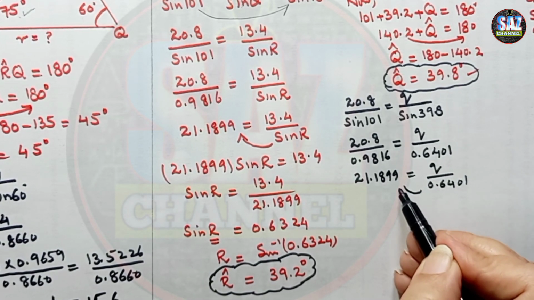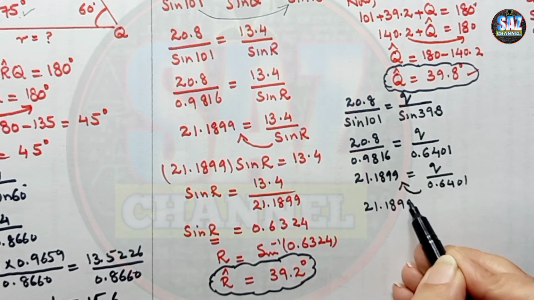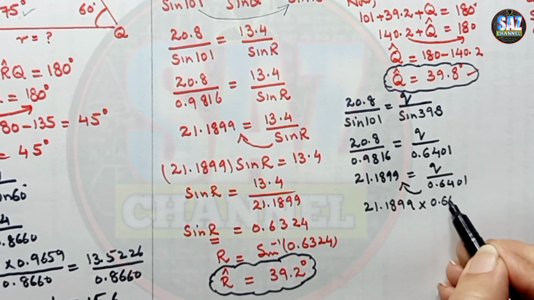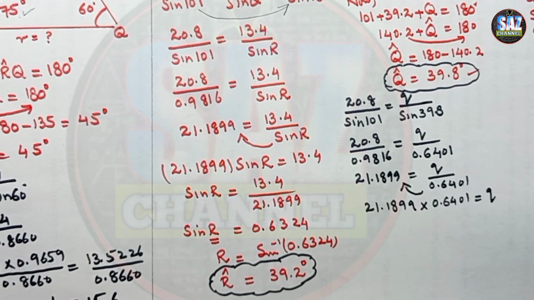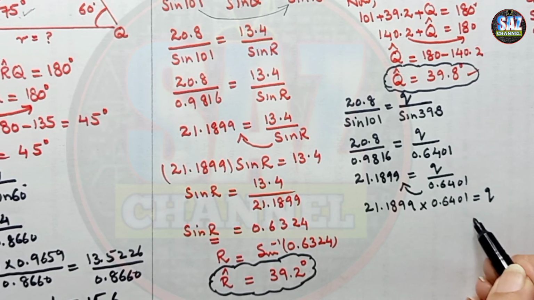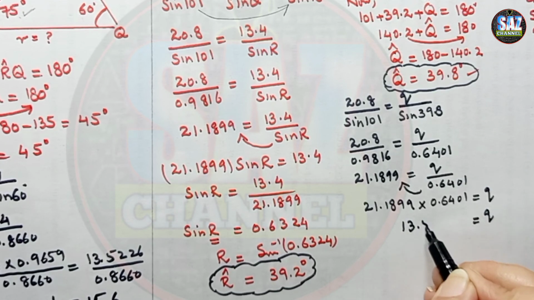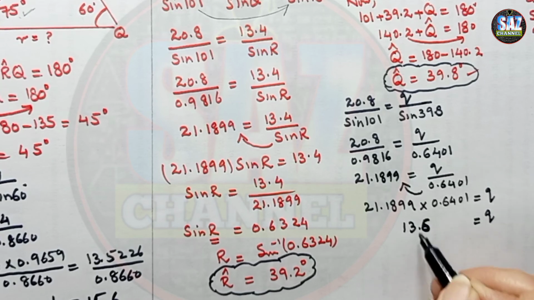Now shift this 0.6401 to the other side: 21.1899 multiplied by 0.6401 equals q. Checking with the calculator, this gives me q equals 13.56, so I can take it as 13.6.